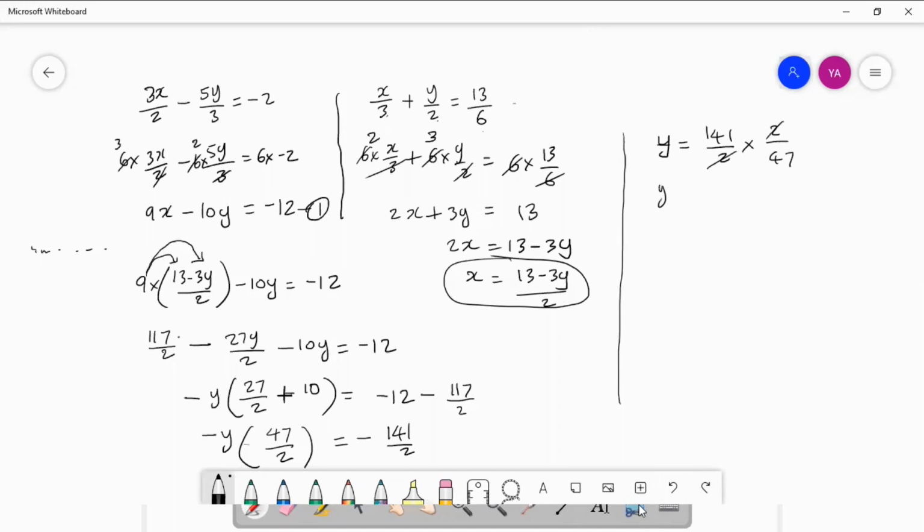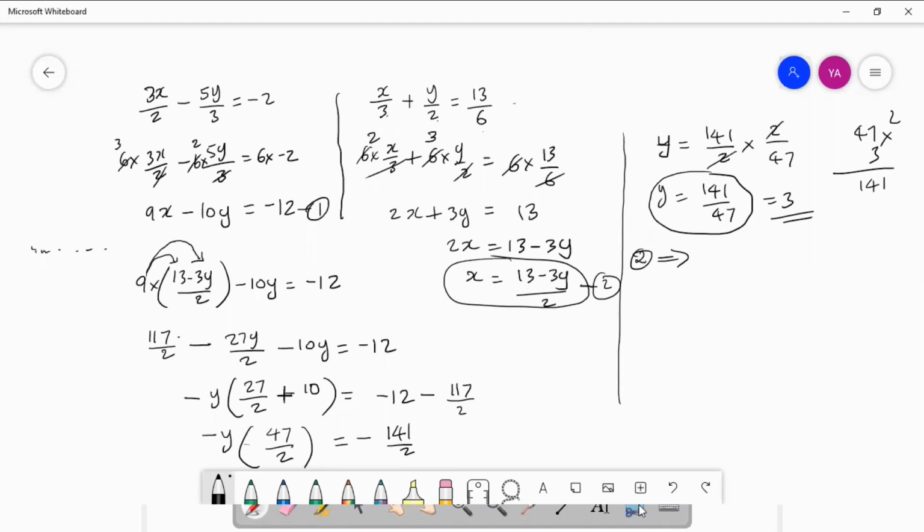The balance is y is equal to 141 by 47. Is it possible to divide? 47 into 3 is 141. Very good. So y is equal to 3.